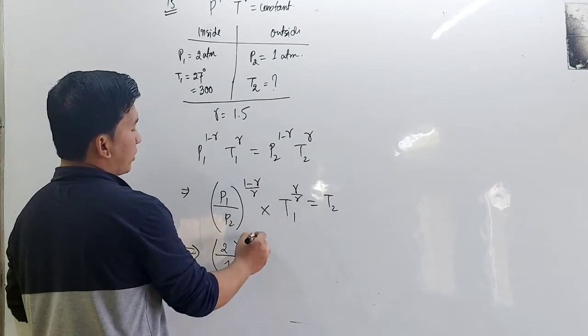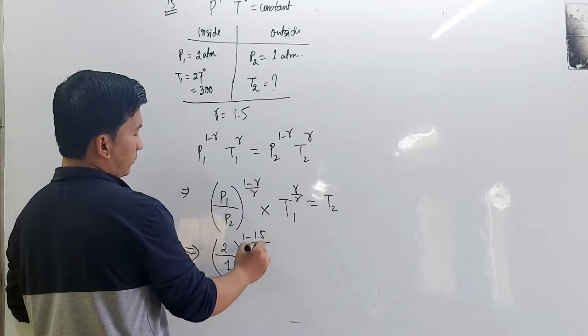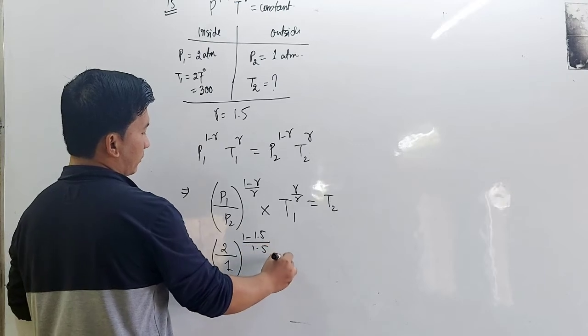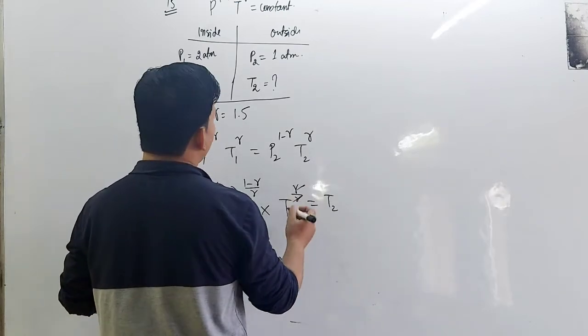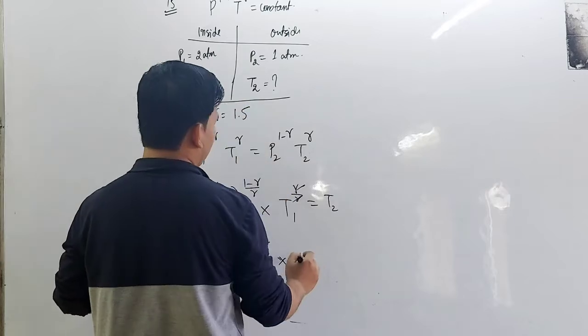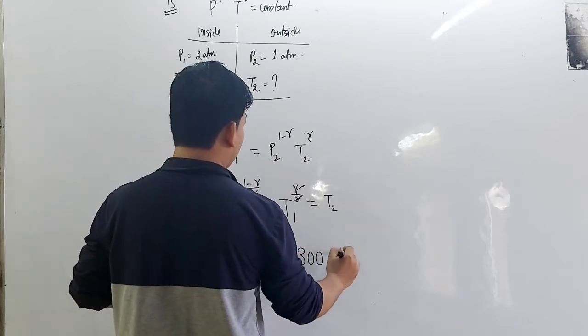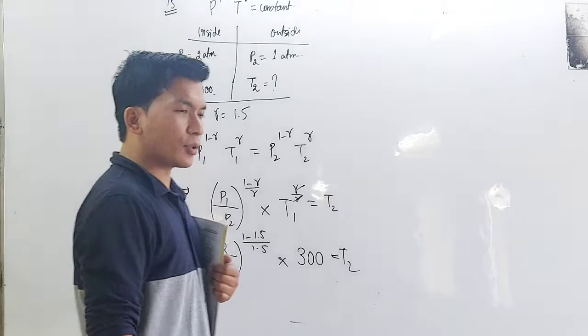What is the value of P1? What is the value of gamma? 1.5. What is the value of T1?